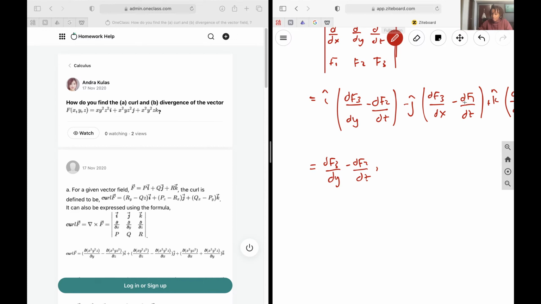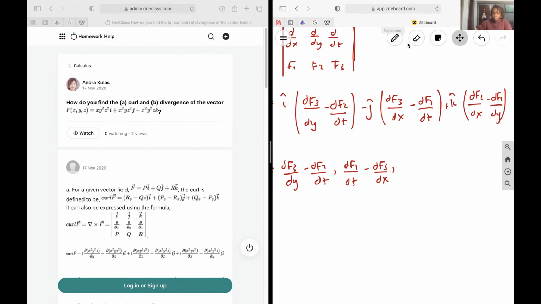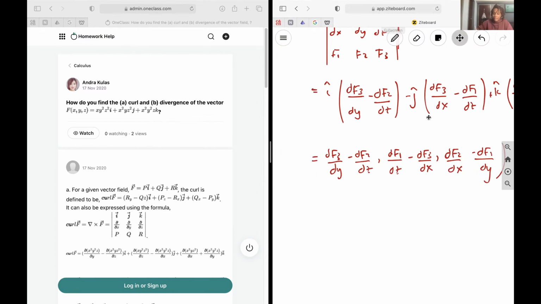So minus by minus is positive, this one becomes a negative, so it'll become df1/dz minus df3/dx. And then in my last component, I'll have df2/dx minus df1/dy. And this will be my answer for the cross product between the two.